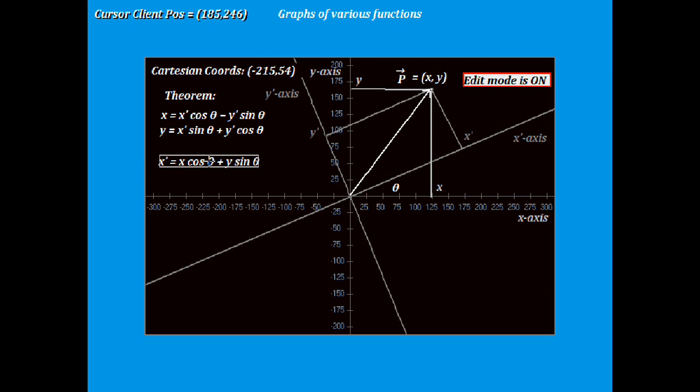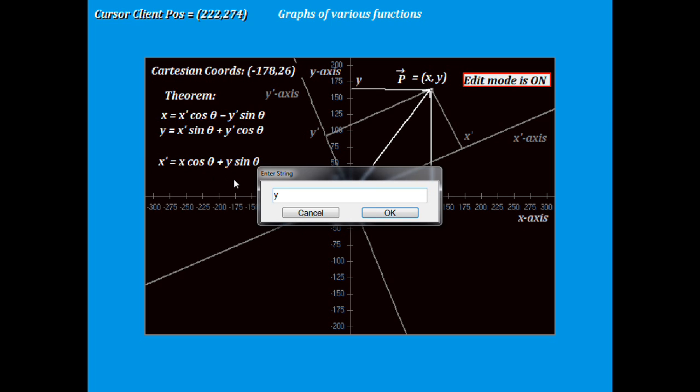I should have put a different color, really. It's pretty spaced out. Y prime is minus x sine theta plus y. Well, it's got to be cos theta. I know that you never get sine.